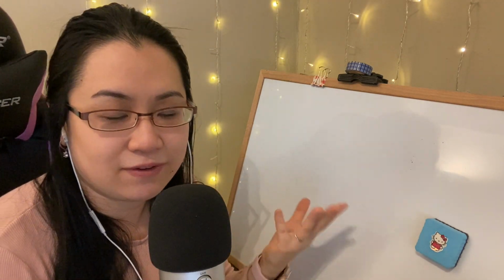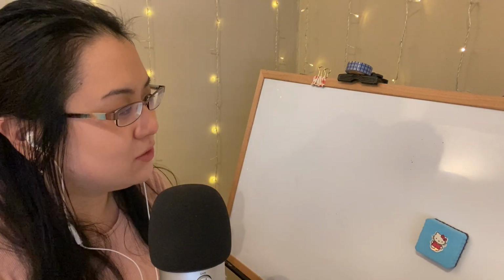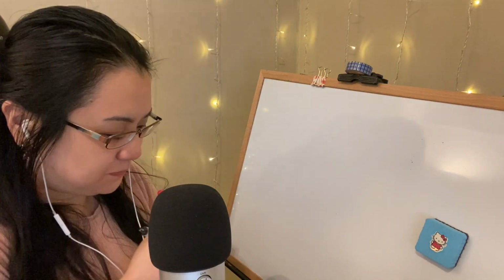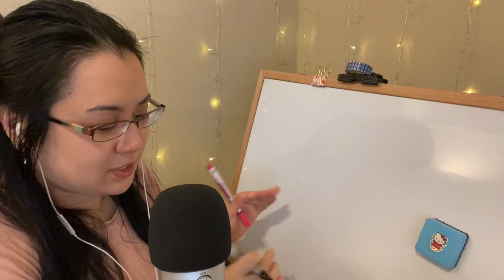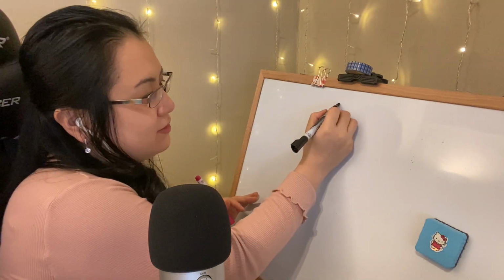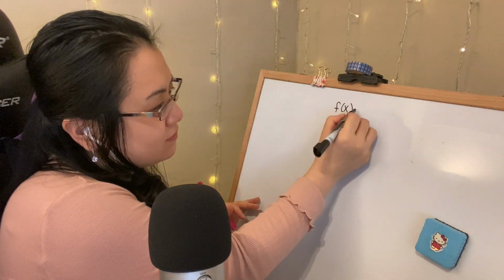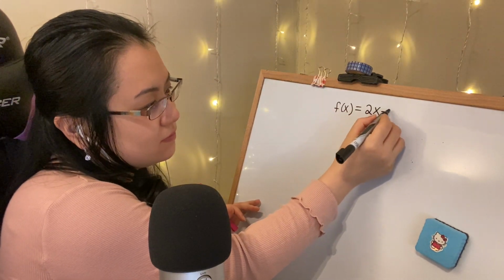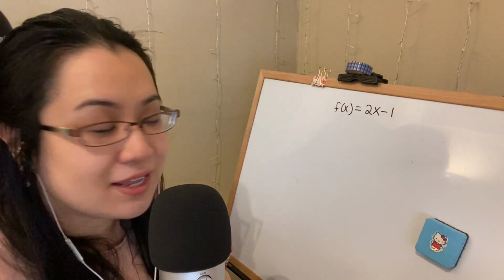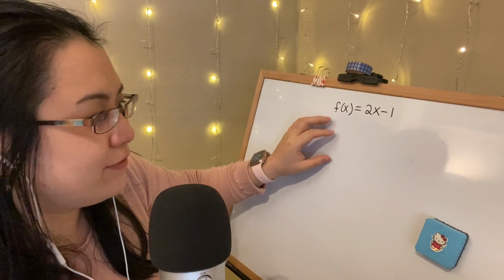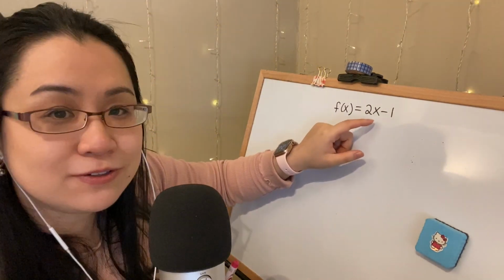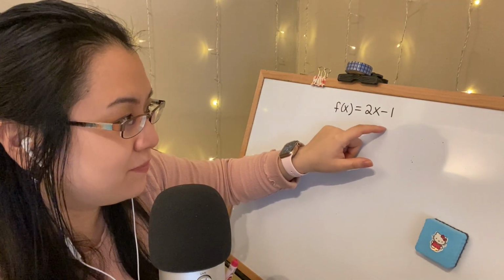And then, of course, you can extrapolate everything that we do today to other kinds of functions as well, okay? So let's start with a linear one. How about something like this? f of x is 2x minus 1, okay?